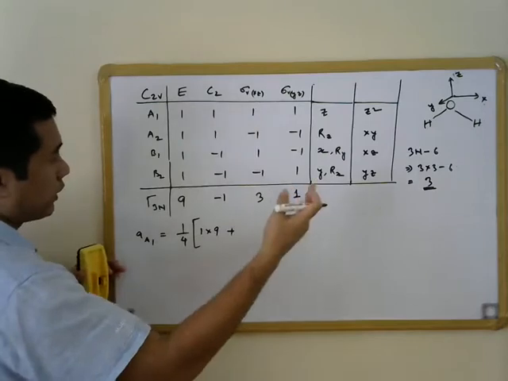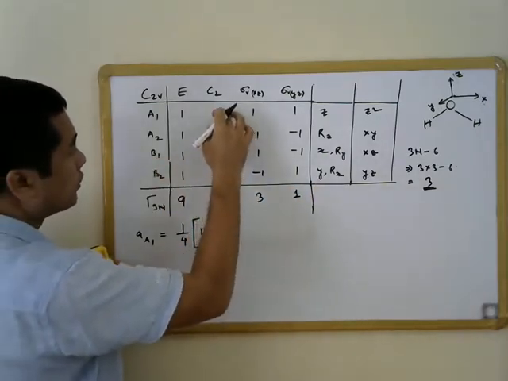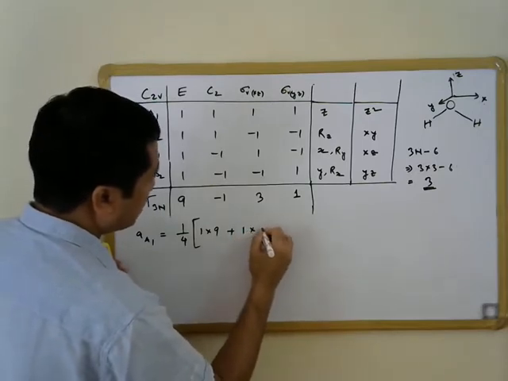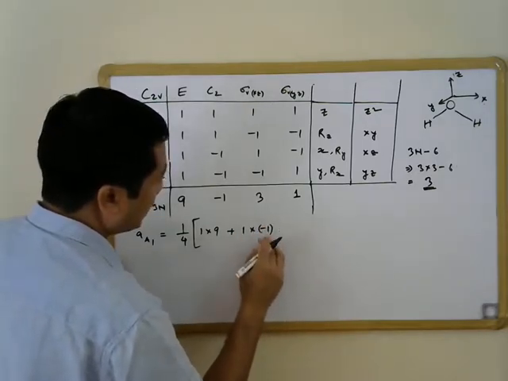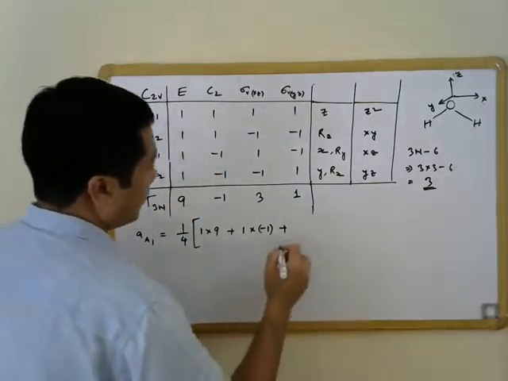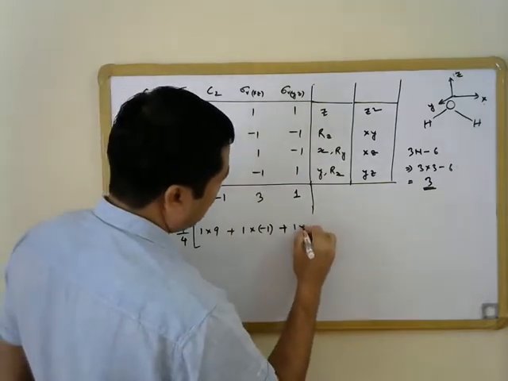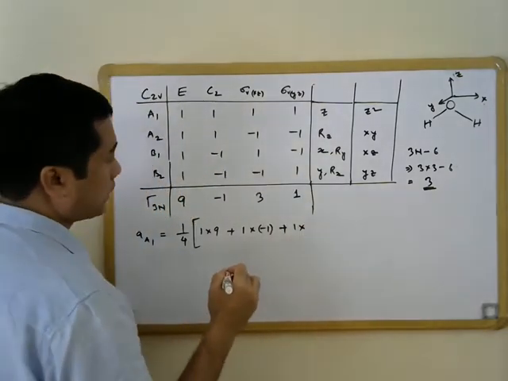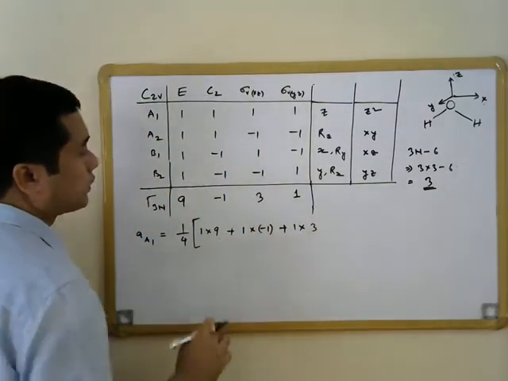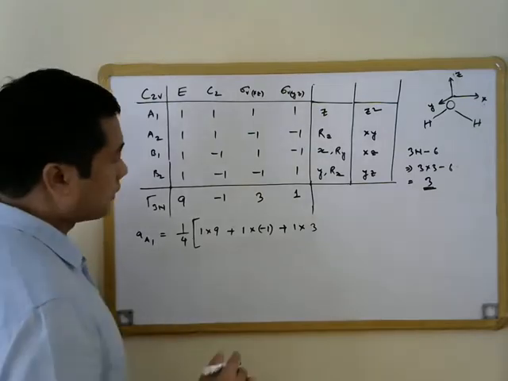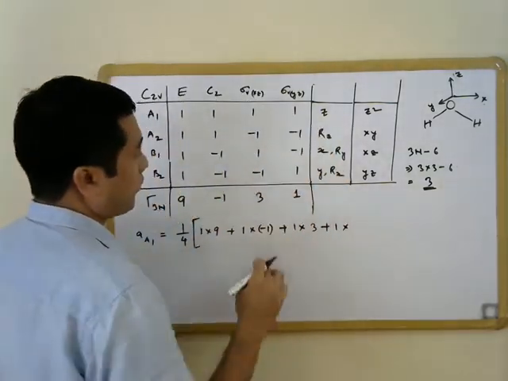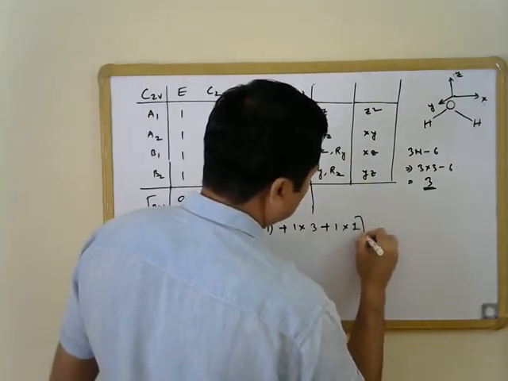Then we continue doing this for all the symmetry operations. So we move to the C2 symmetry operation, the character in the irreducible representation and the character of C2 in the reducible representation. Then sum it up with the character of the sigma v xz symmetry operation in the irreducible representation with the character of sigma v xz in the reducible representation. Then we do it for sigma v yz as well.